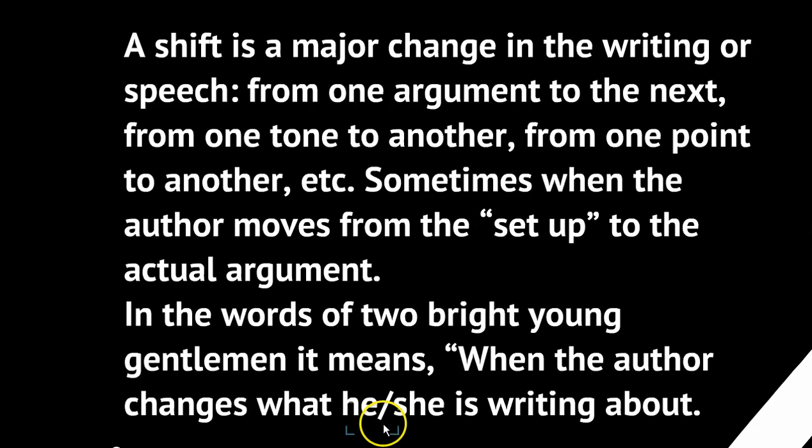We need to start by understanding a definition of shift. Shift is a major change in the writing or speech from one argument to the next argument, from one type of tone maybe to another tone, from one point to another point, etc. Sometimes when the author moves from the setup to the actual argument.